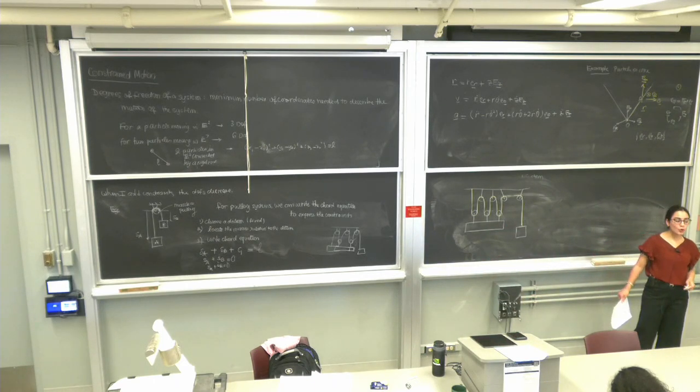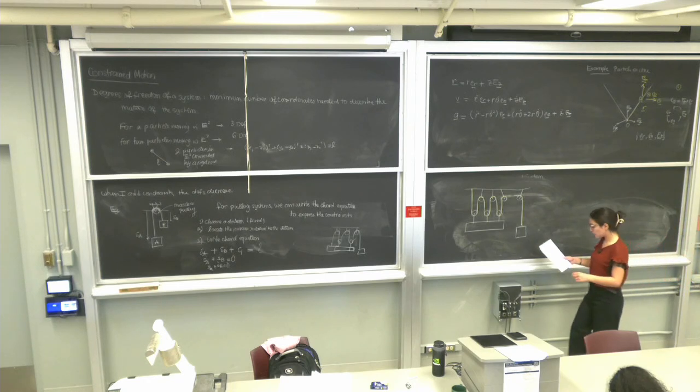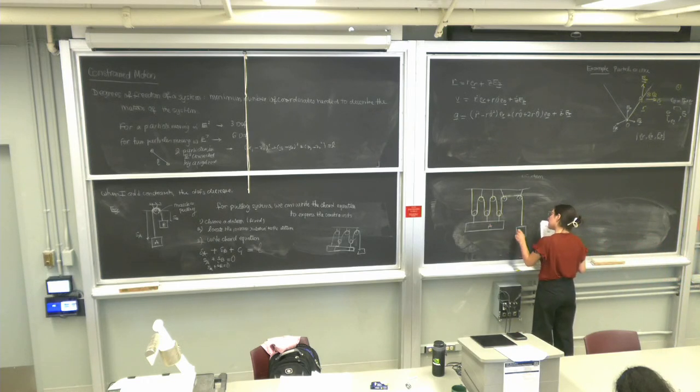This is my chord traced in yellow, and this is my mass A and my mass B.